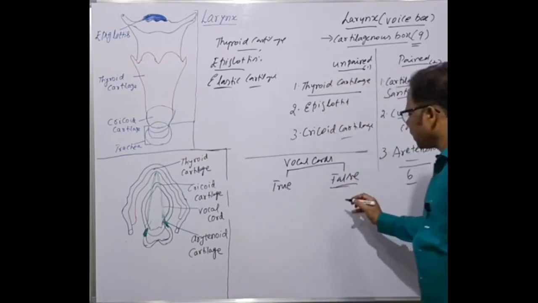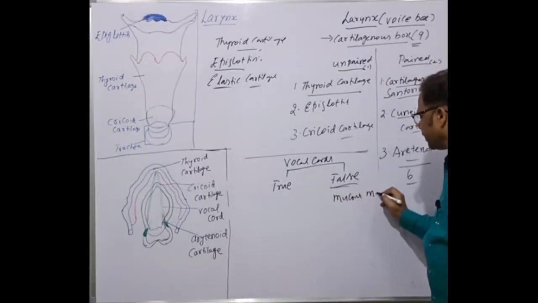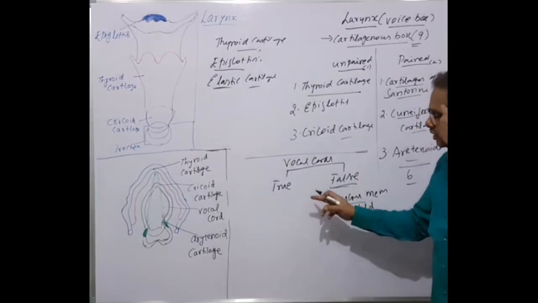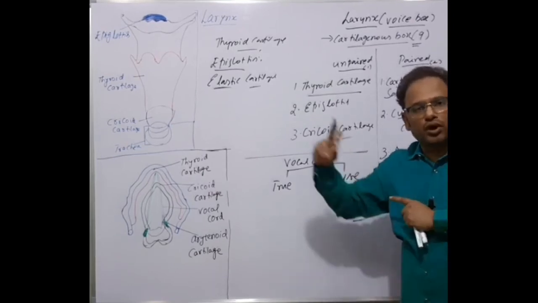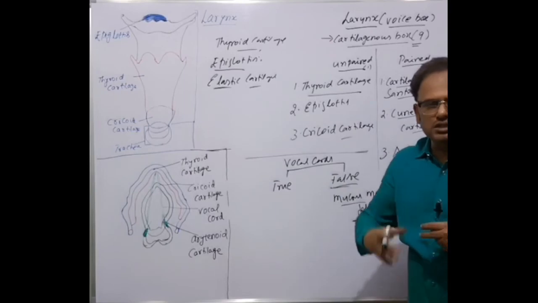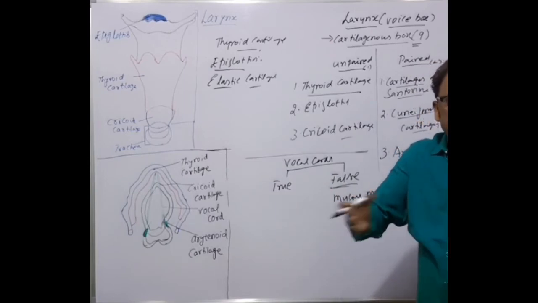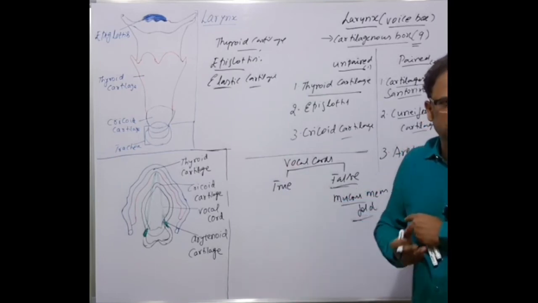The false vocal cords are just mucous membrane folds, and they do not amplify the sound, because the function of the vocal cords is related to sound amplification. The sound production is by the larynx, but the sound is amplified, made bigger or smaller, modulated. All this is done by the vocal cords.